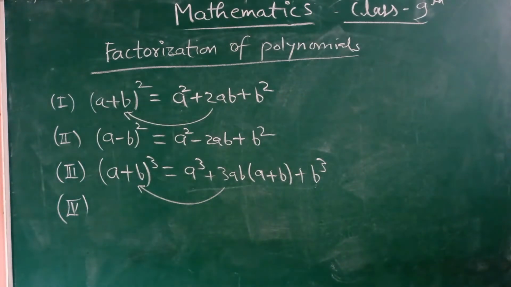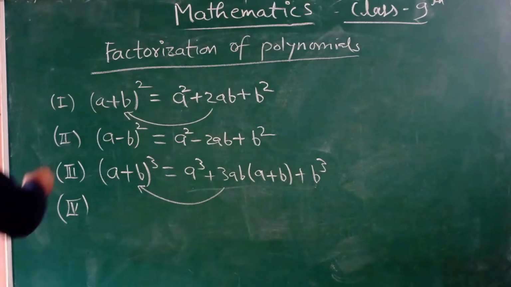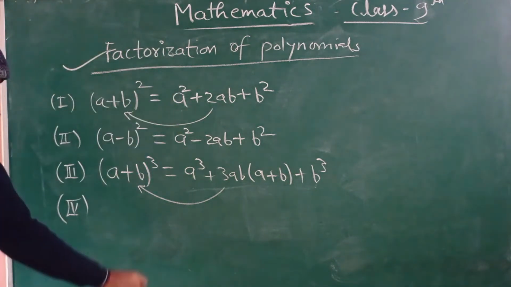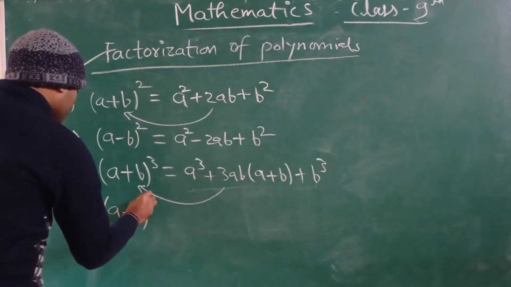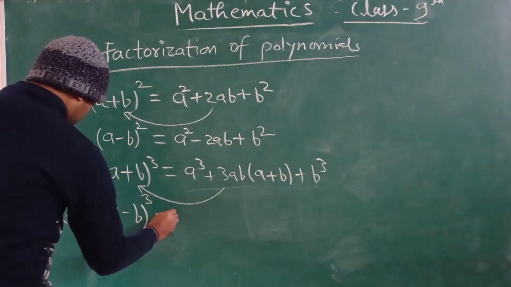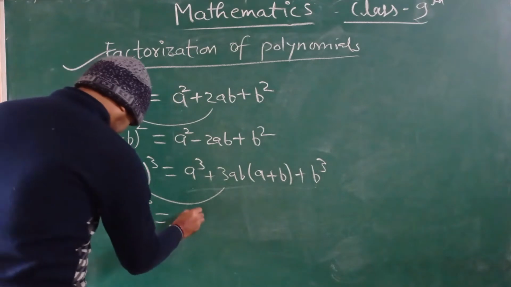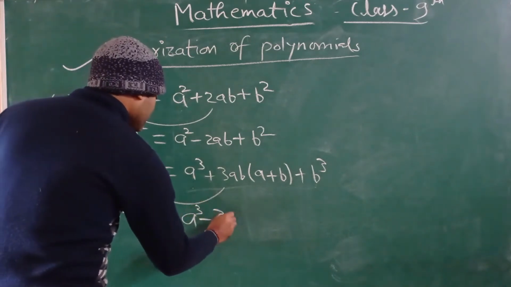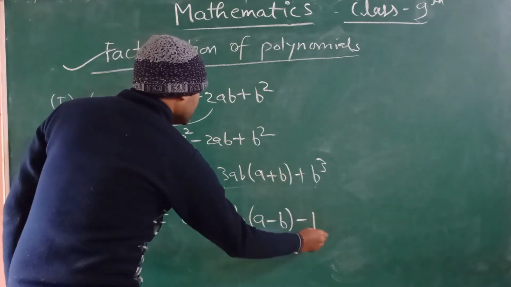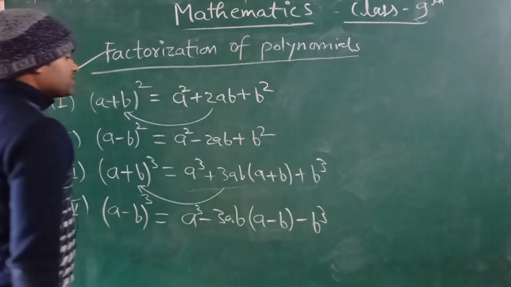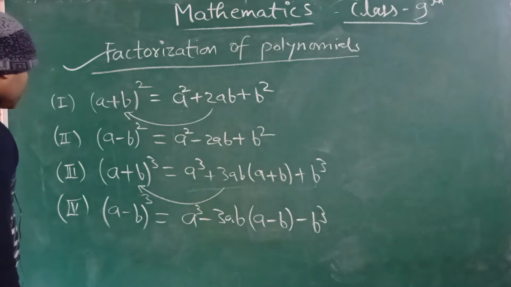So just write down and remember these formulas to be good in factorization of polynomials. A minus b whole cube is given by a cube minus 3ab in brackets a minus b minus b cube, that is, a cube minus b cube minus 3ab in bracket a minus b.